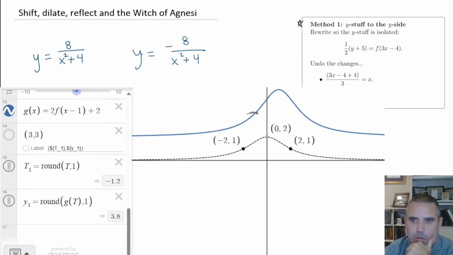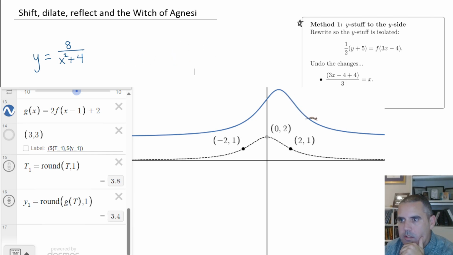So there's this other practical piece to this, which I'll show here, which is, okay, now that I know what I wanted to do, for some reason, I don't know why, I wanted to shift it in this way. So now I just need to say I need to do 2 f of x minus 1 plus 2.